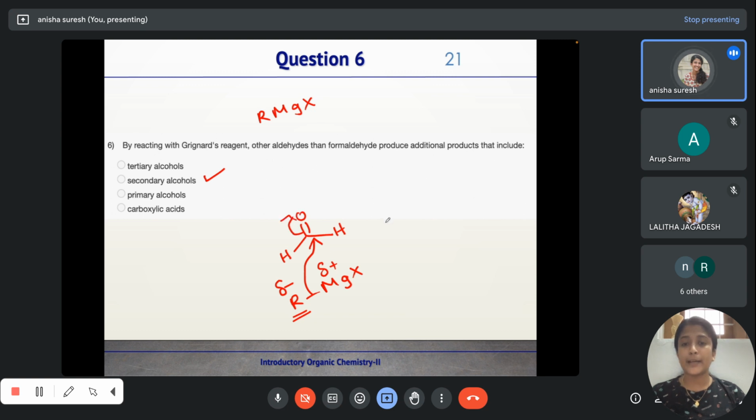The double bond will open up, and it will result in the formation of OMgX, and upon hydrolysis it will result in the formation of RCH2OH. So this will be a primary alcohol. Formaldehyde, upon reaction with Grignard's reagent, results in a primary alcohol.